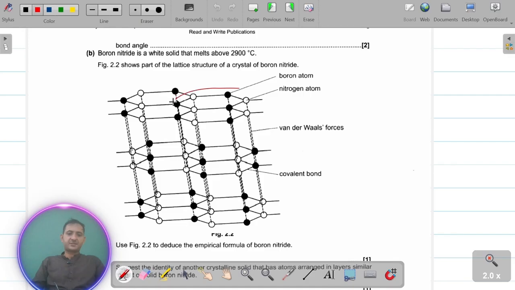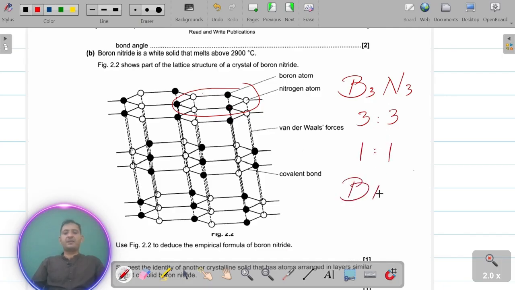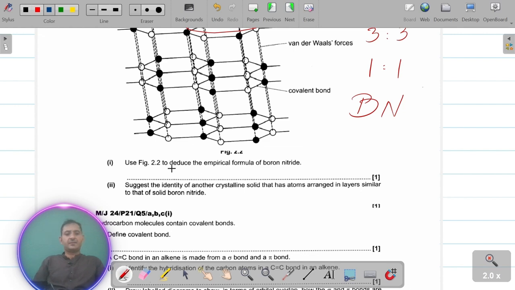If I look at this structure, I count 3 borons and 3 nitrogens. So the ratio of B to N is 3 to 3. If I simplify it, I get a ratio of 1 to 1. So the empirical formula is BN.